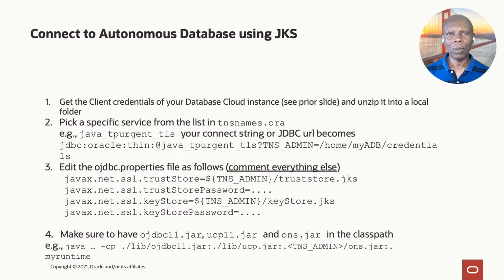Now, you get the client credential. You can connect using either JKS or Oracle Wallet. For JKS, you need to make sure that your ojdbc.properties file, a new file that we have been releasing since 19c, is configured to use JKS.